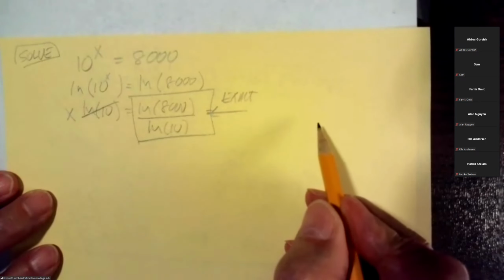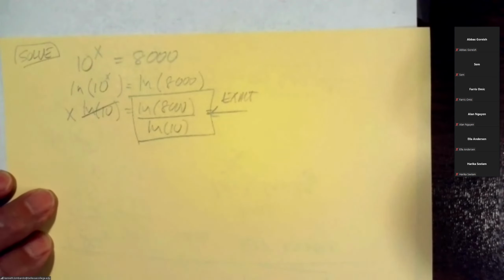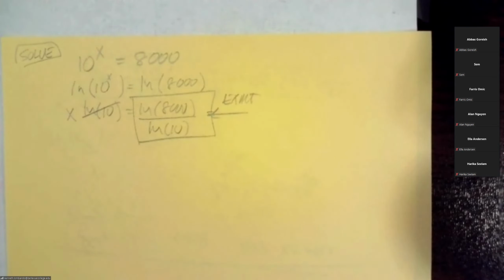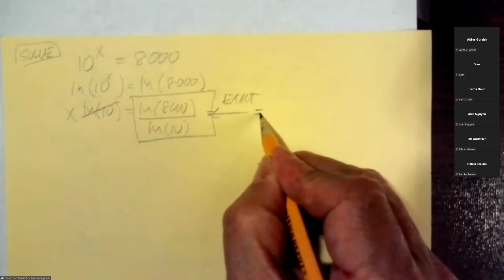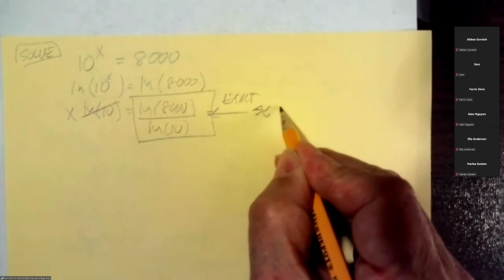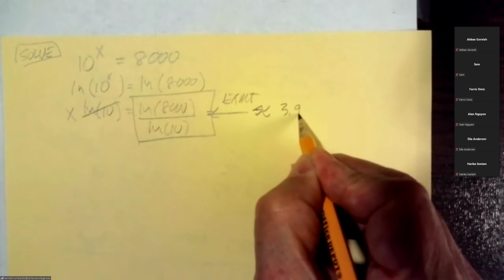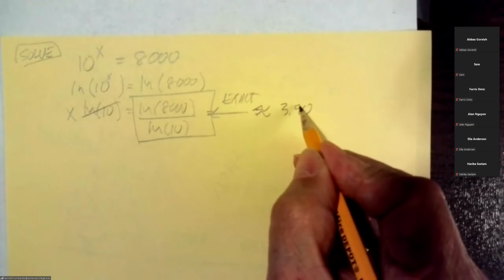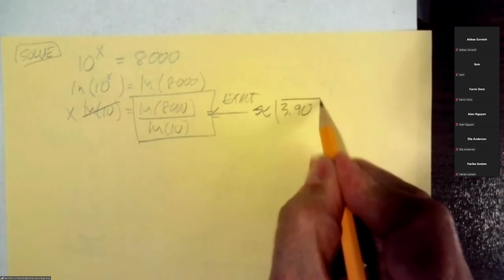So let's call that exact. And if we put it in our calculator, what do we get? I got around 3.903 divided by ln of 10. Okay, and it looks like approximately 3.9. And if we round it to 2 decimals, it'd just be 3.90, wouldn't it?